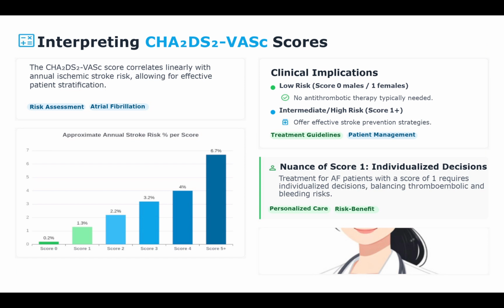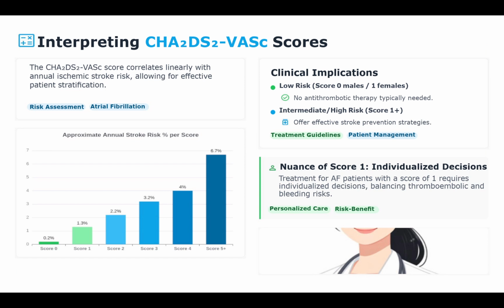These risk levels carry profound clinical implications for how we manage our patients. Patients with a score of 0 are considered truly low risk and typically do not require anticoagulation. This avoids exposing them to unnecessary medication and its associated risk. For a score of 1, especially if that single point is solely due to female sex without other comorbidities, the decision for anticoagulation becomes highly individualized.